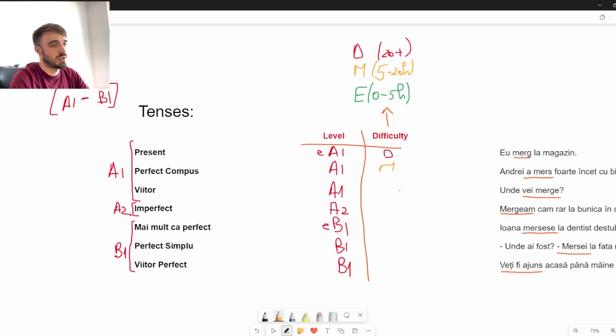Future: this one you can choose the easy option. That's why I'm going to give it 2 marks here. There are 2 different pathways.